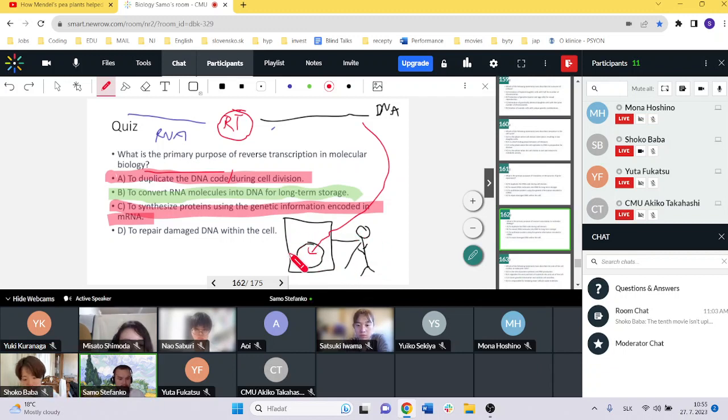So, for example, HIV viruses infect the host cells, and they're changing DNA, and those changes in DNA are decreasing the activity of the immune system.